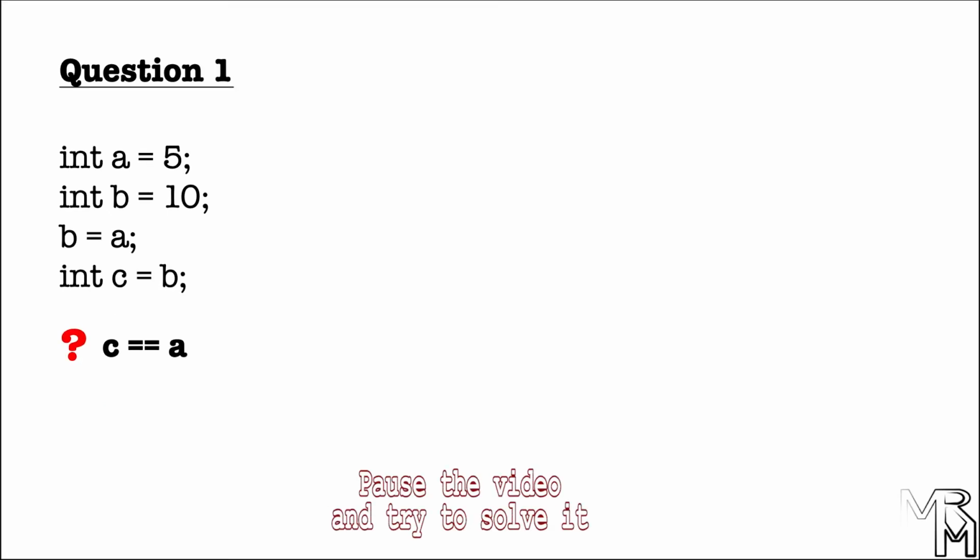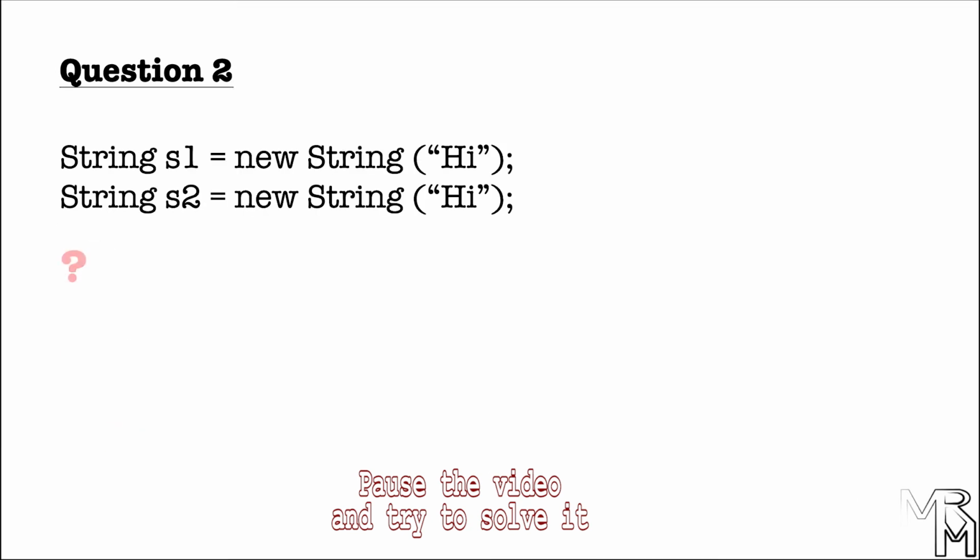Here, because we assign the variable b the value of the variable a, and then assign the value of the variable b to the variable c, both c and a store the same value, and the answer to this question is true. Here, because S1 and S2 point to different string objects, comparing them using the equality operator returns false.